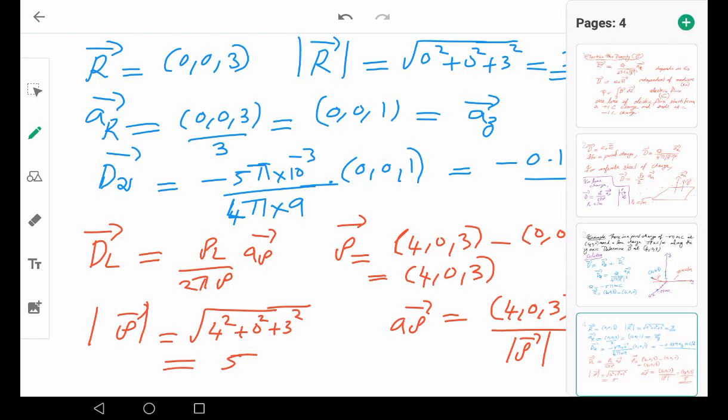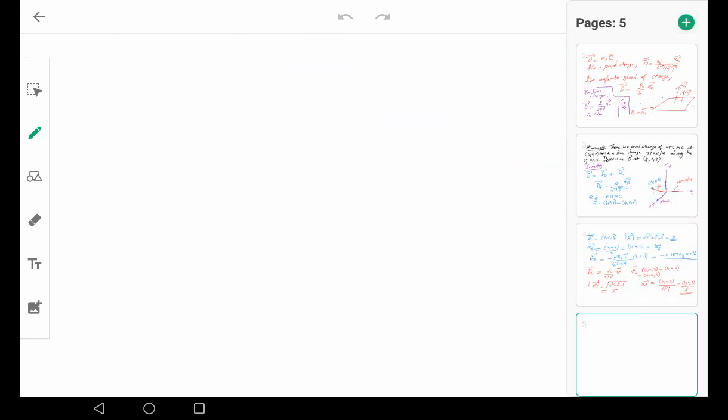Now you can do the problem like this. You can write D_L equal to ρ_L, which is 3π, divided by 2π magnitude of ρ, magnitude of ρ is 5, then aρ.